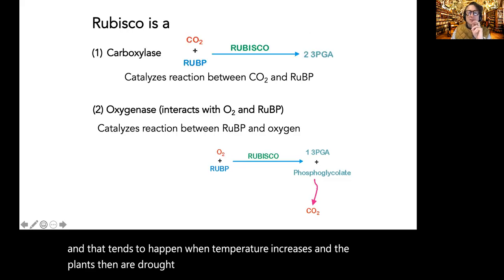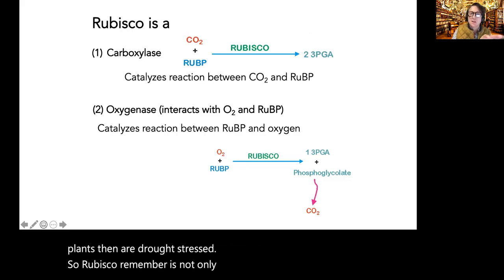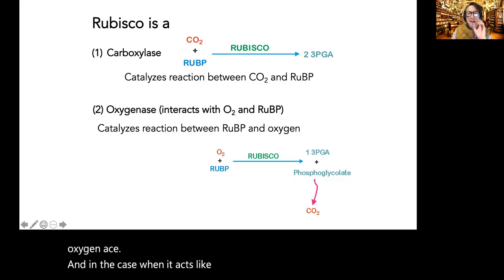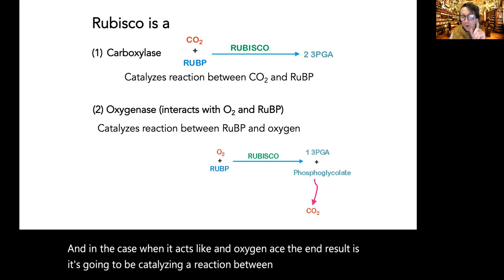So Rubisco, remember, is not only a carboxylase, but is also an oxygenase. And in the case when it acts like an oxygenase, the end result is it's going to be catalyzing a reaction between RuBP and now oxygen.